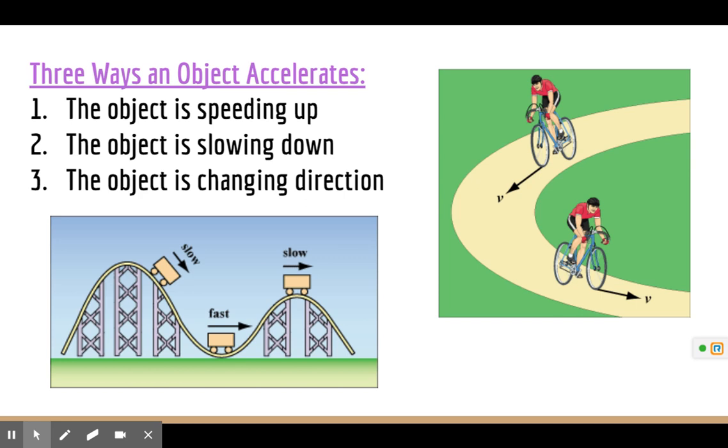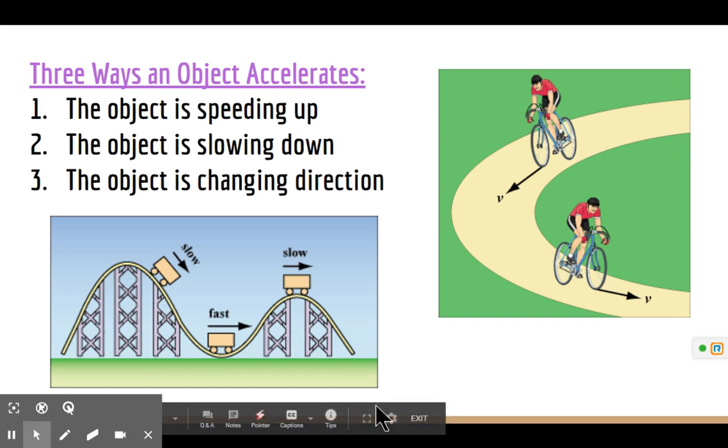As you climb up the roller coaster hill, you slow down and experience negative acceleration. If you turn your bike to the other direction, you experience acceleration.